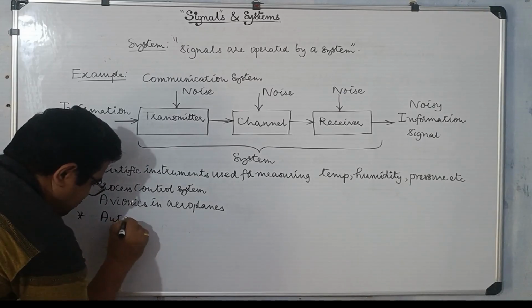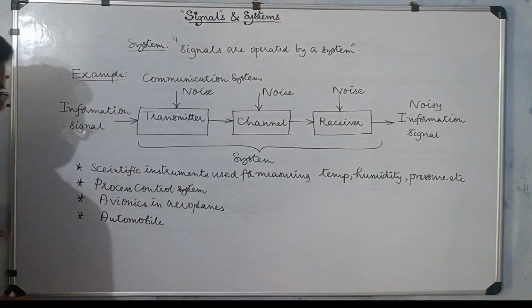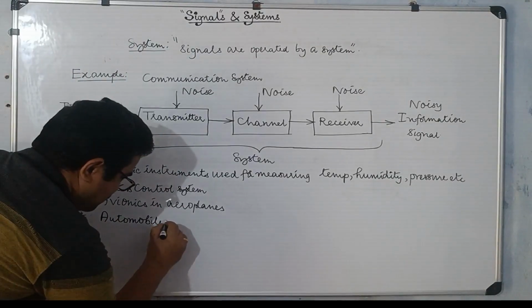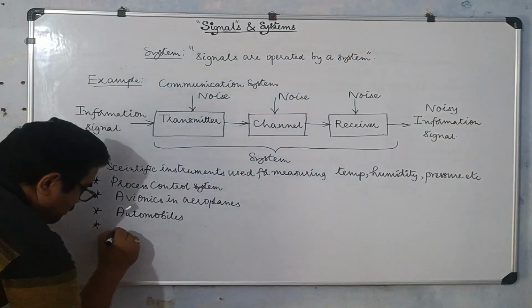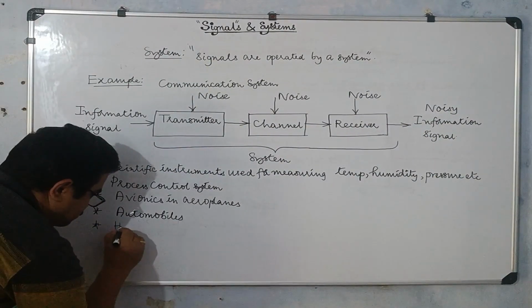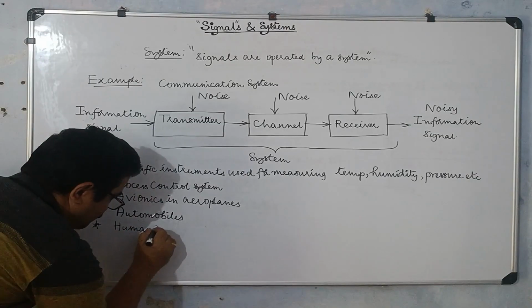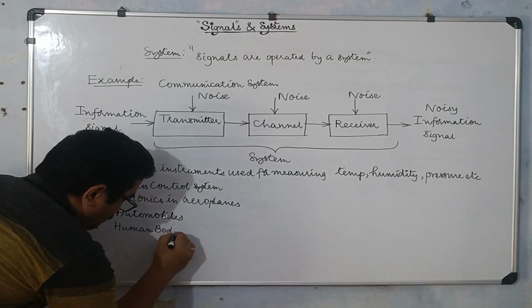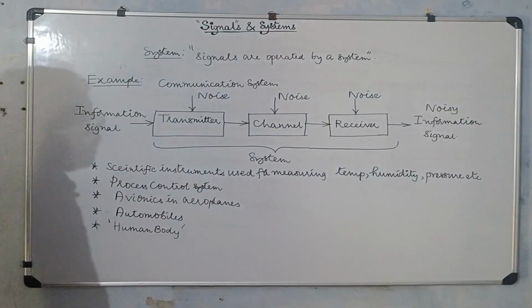In automobiles also, there are a number of systems which are controlling certain parameters. Now the human body is also an example for a system. So the human body itself is a system.